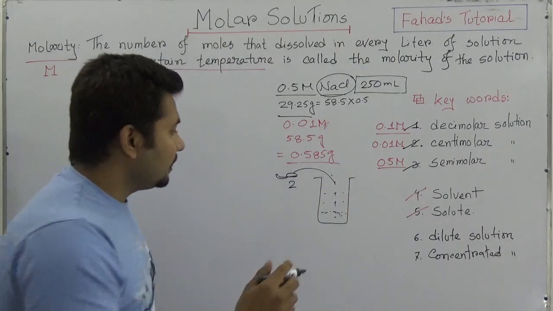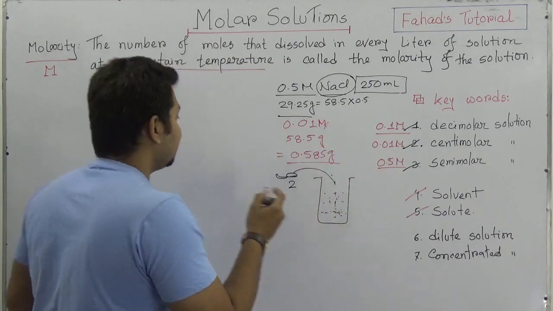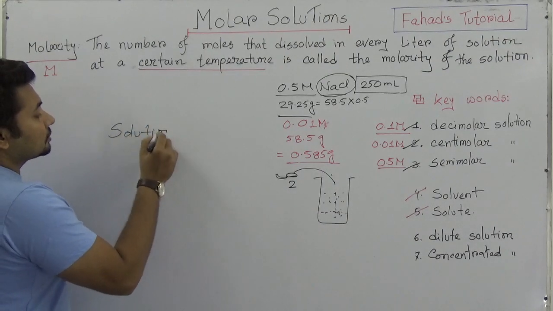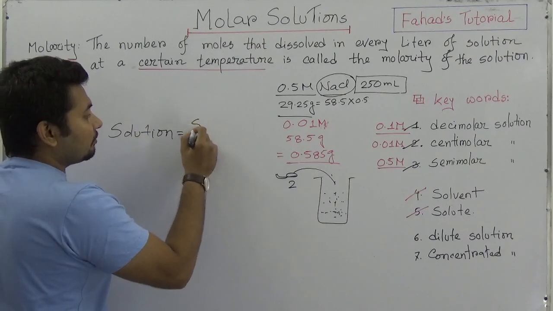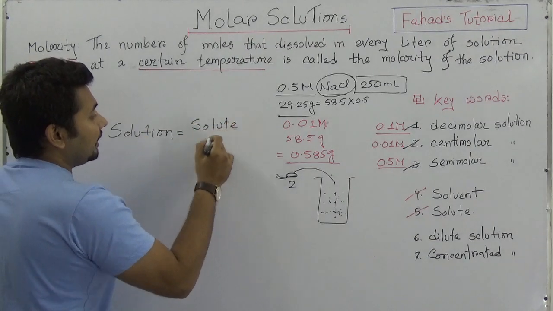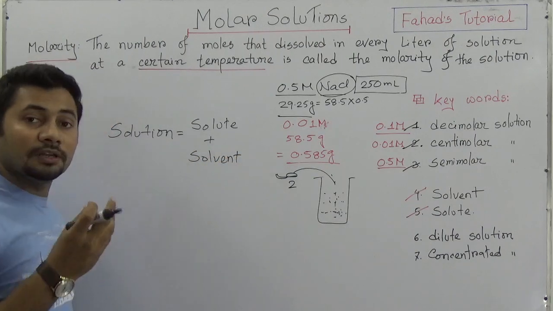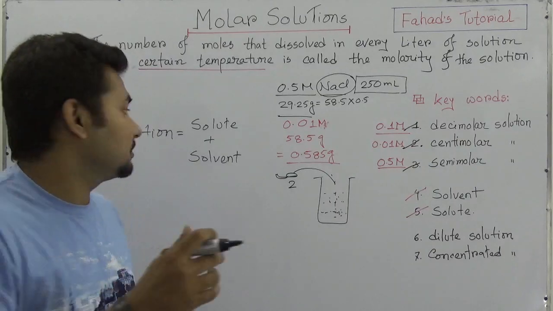When sodium chloride is mixed with water, it becomes a solution, and it's because there are 2 things. Number 1 is solute and another is solvent. The solute is the substance which is dissolving in a solution.